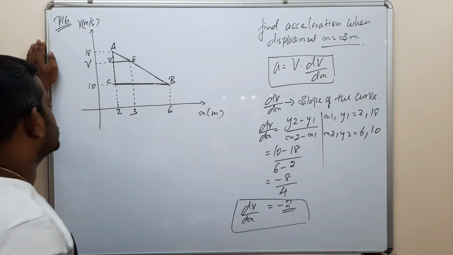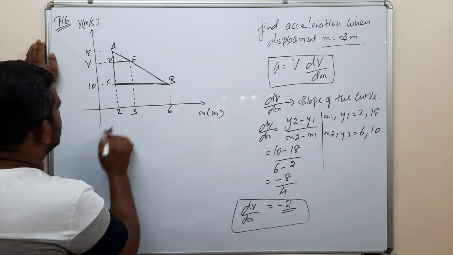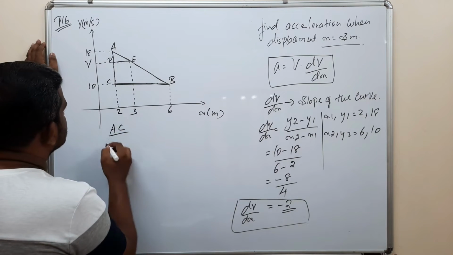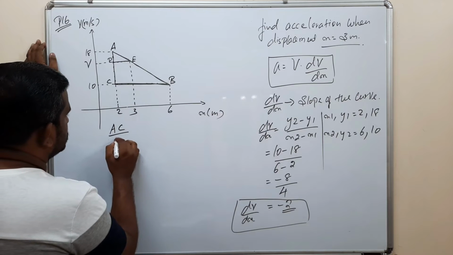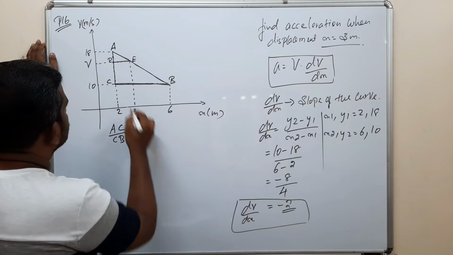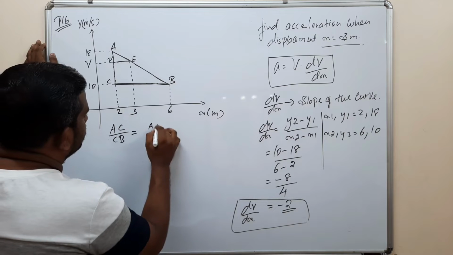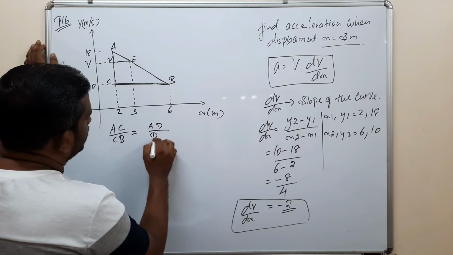Similar triangles means we can write AC by CB is equal to AD by DE.